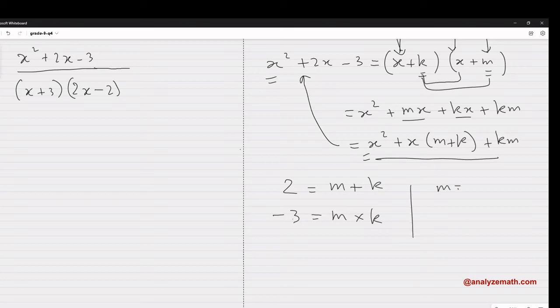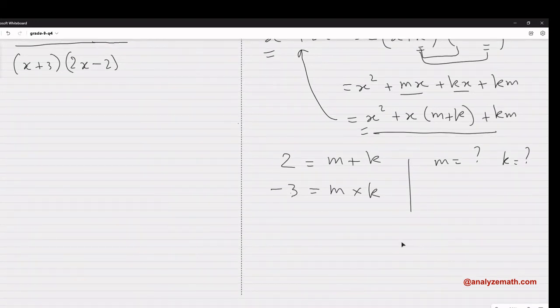So how are we going to find this m and k? We're going to do this by guessing. We need to find two numbers. When you multiply them, they give you negative 3. When you add them, they give you 2. And then you start thinking, and the terms can be 1, 3. So for example, negative 1 multiplied by 3 gives you negative 3, or 1 and negative 3.